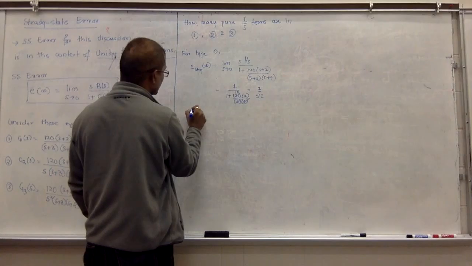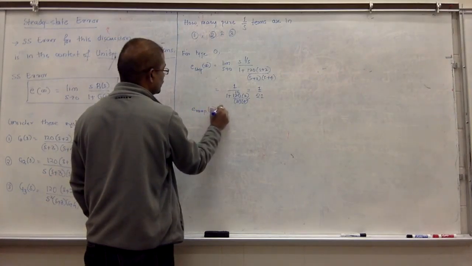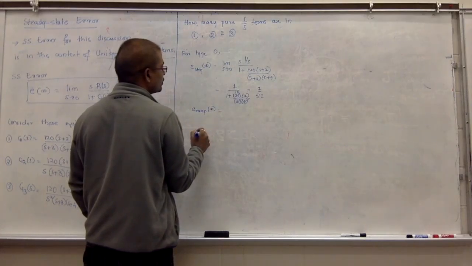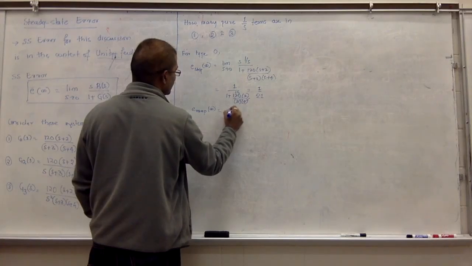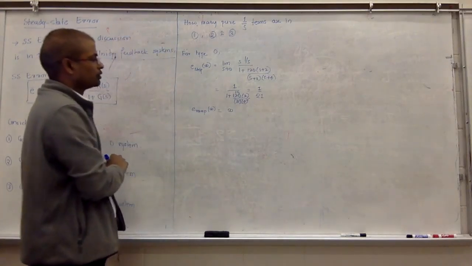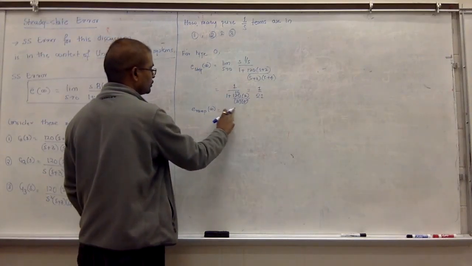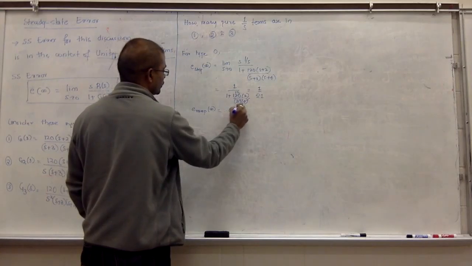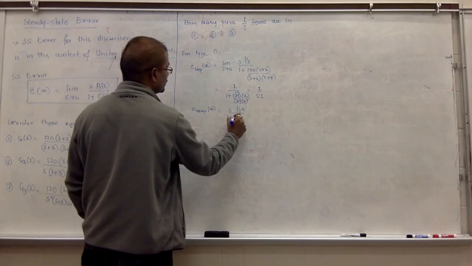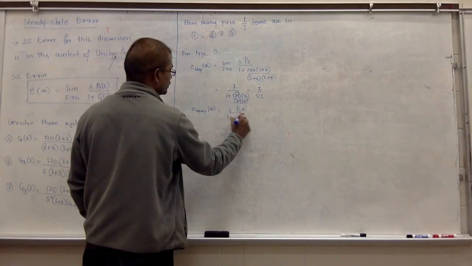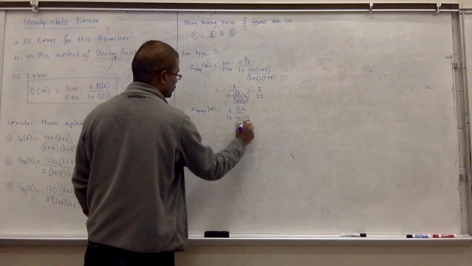For the ramp, it will be infinity, because you'll have S into 1 over S square divided by 1 plus 10 into 2, 3.